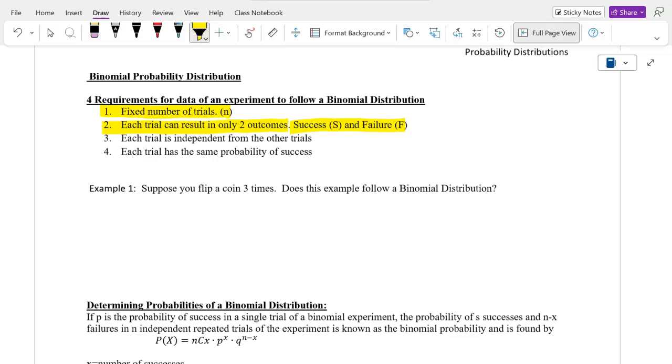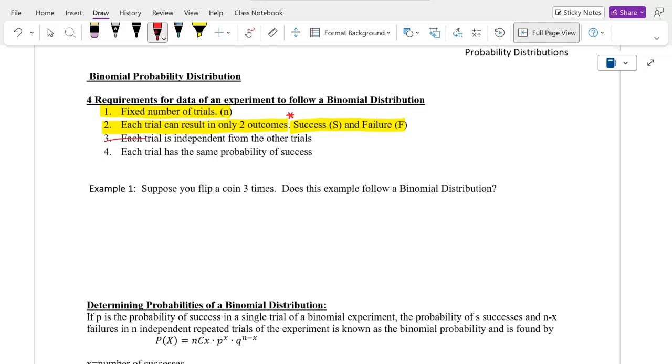The key thing that I wanted to point out here is that a success is what we define it to be. It can be that you died in a plane crash. It can be that you have diabetes or blood pressure issues. A success is that you meet the description of the event we're trying to look at. It is not necessarily a positive thing.